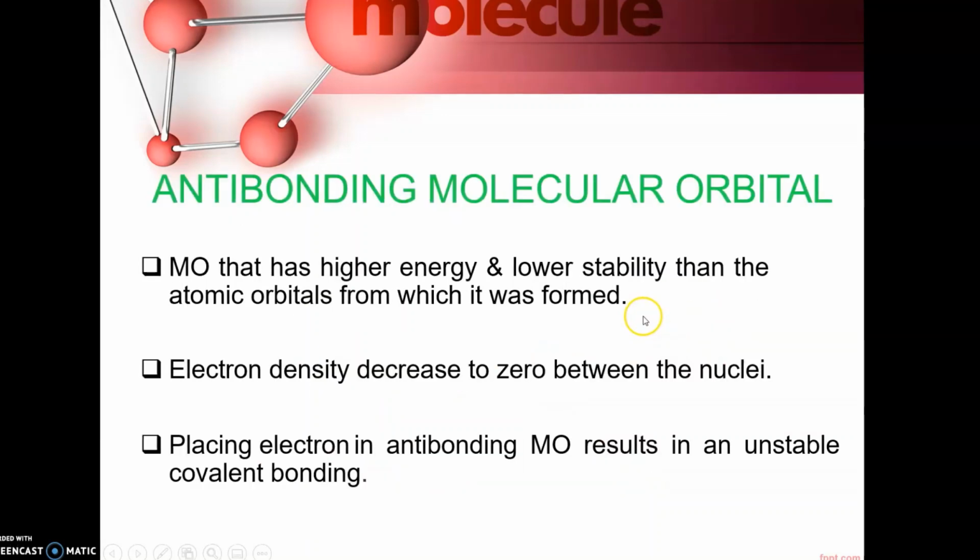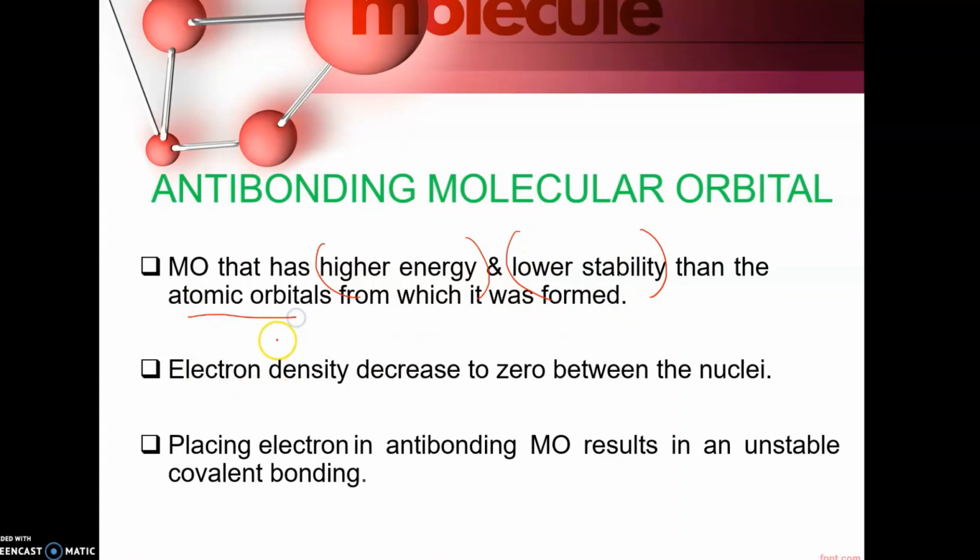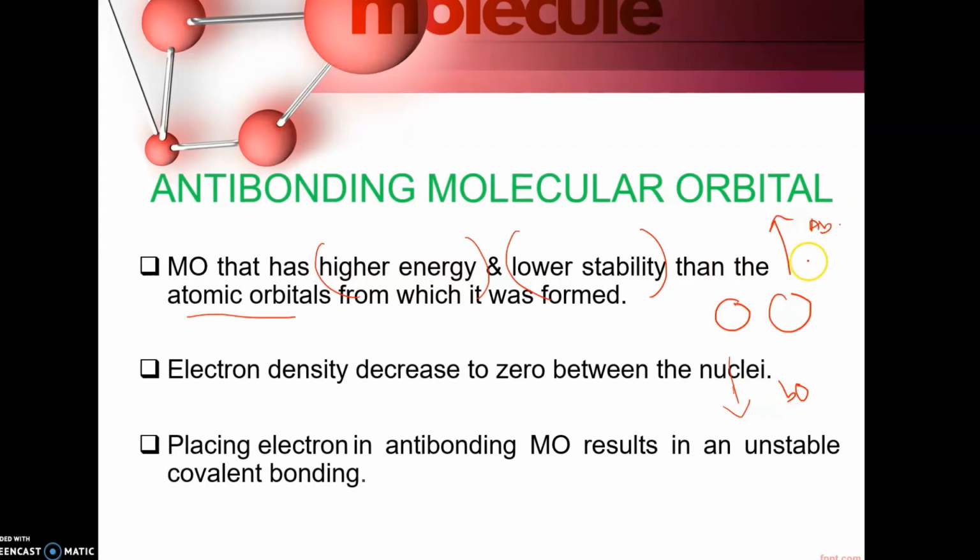So what is the difference between the bonding molecular orbital and the anti-bonding? The bonding orbital has lower energy, while the anti-bonding has higher energy and lower stability than the original atomic orbitals. So with two orbitals, when they overlap, if the energy is lower, it becomes a bonding orbital; this one, when it overlaps, becomes anti-bonding. It is higher in energy, while the electron density decreases to zero between the nuclei.